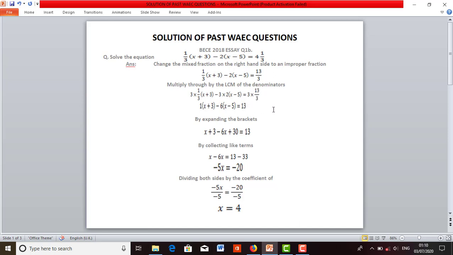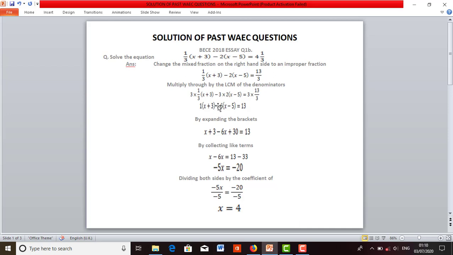Now what do we need to do? We expand the brackets. By expanding these brackets, we take the term outside and use it to multiply each of the terms inside the brackets. So 1 times x gives us x, and plus times plus is plus, 1 times 3 gives us 3.